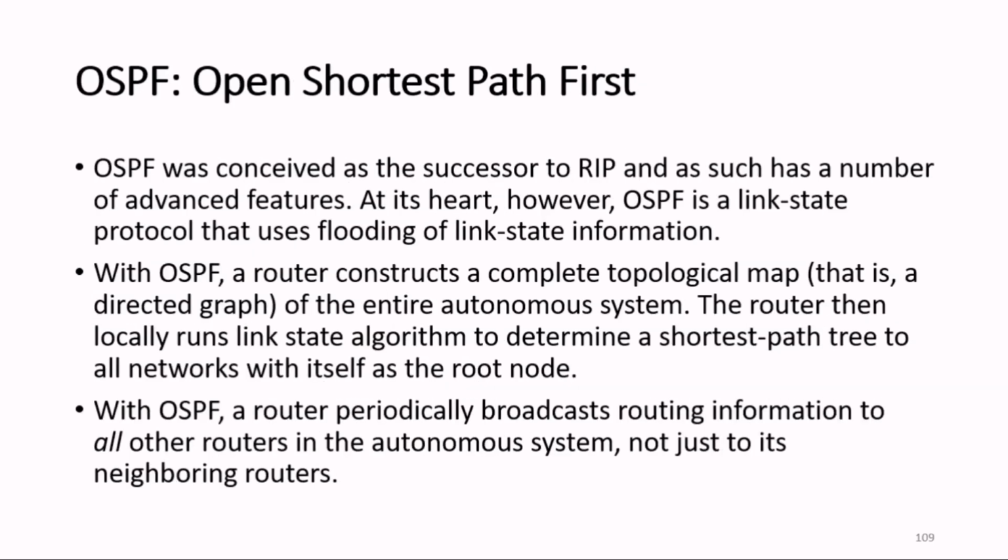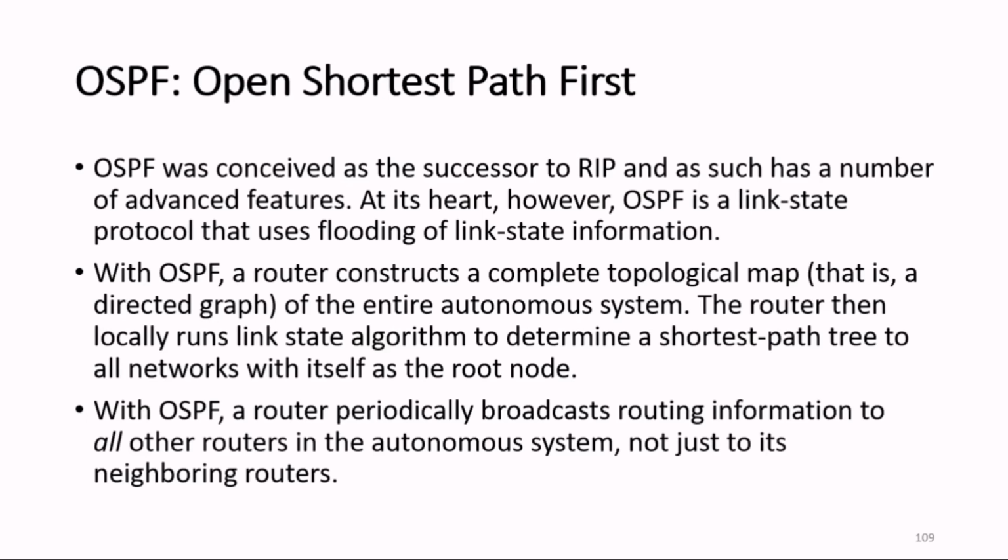So for OSPF, Open Shortest Path First, OSPF was conceived as the successor of RIP and as such has a number of advanced features. At its heart, however, OSPF is a link state protocol that uses flooding of link state information. With OSPF, a router constructs a complete topology map of the entire autonomous system.